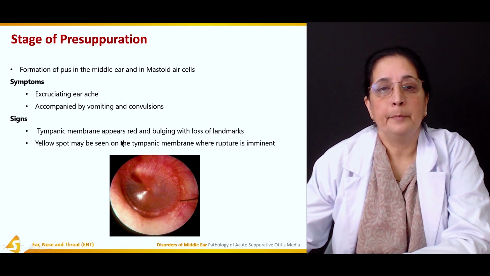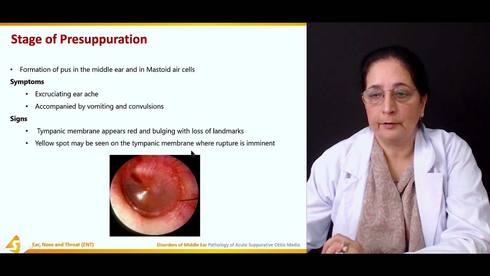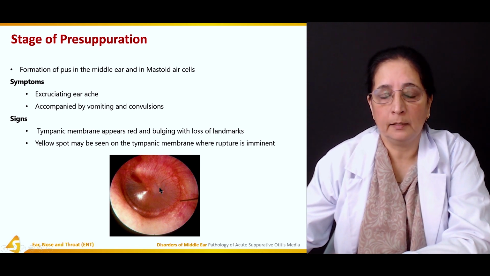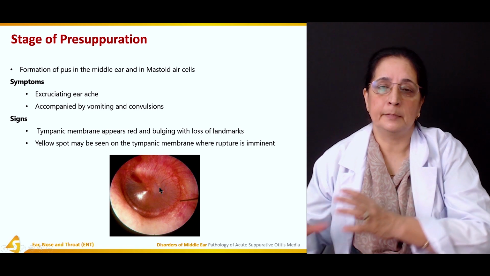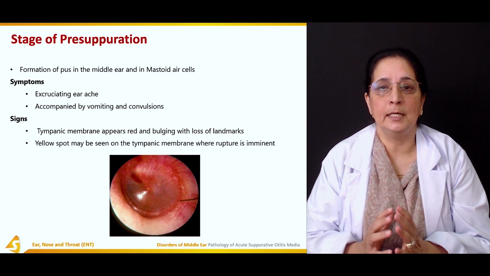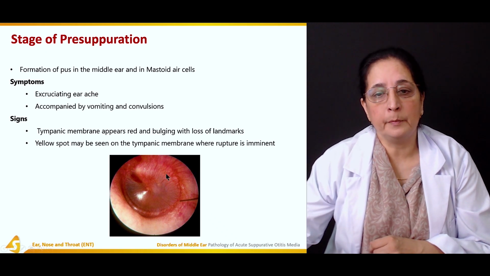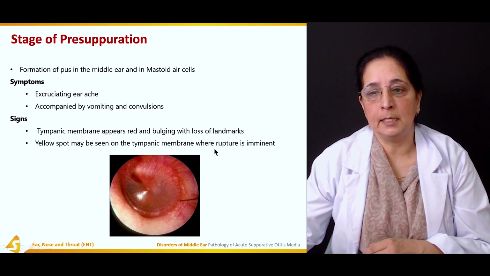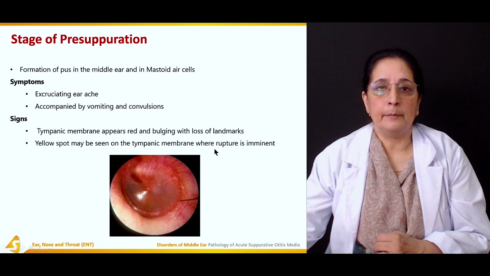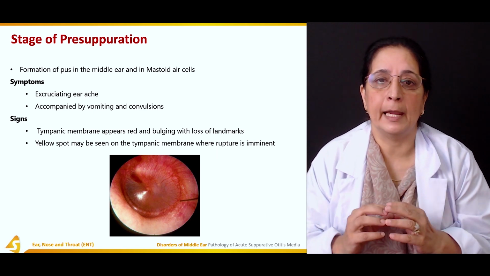Signs are, the tympanic membrane, you can see it's red and bulging, and then once it's ruptured, you can see the yellowish pus coming out. So a yellowish spot before the rupture can be seen in the tympanic membrane where rupture can occur.